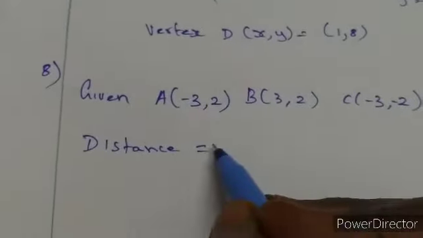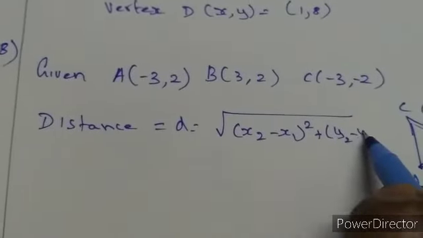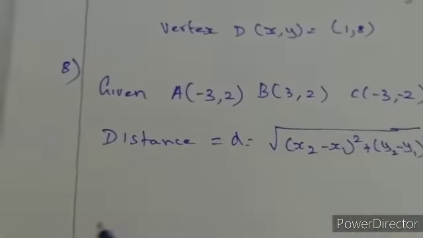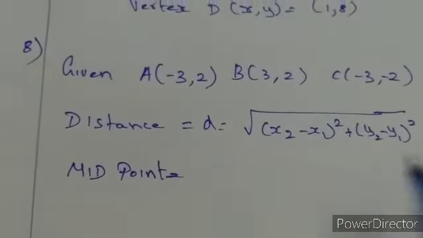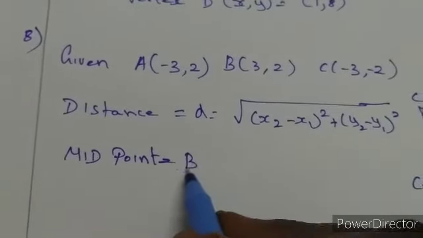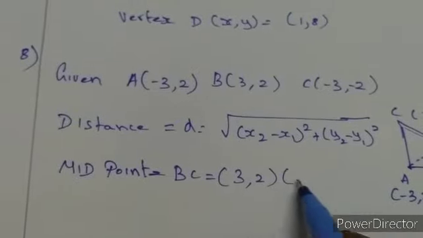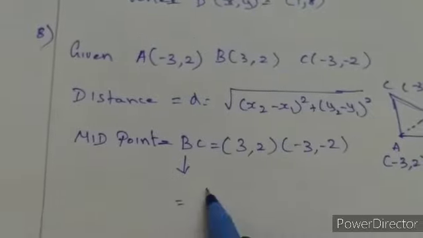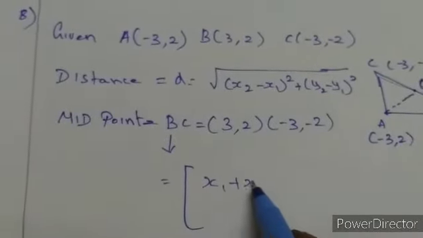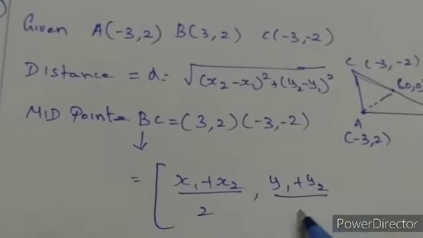That is D equal to square root of x2 minus x1 whole square plus y2 minus y1 whole square. Now, midpoint of hypotenuse side, that is BC, is equal to 3 comma 2 and minus 3 comma minus 2. The formula is (x1 plus x2) by 2, (y1 plus y2) by 2.